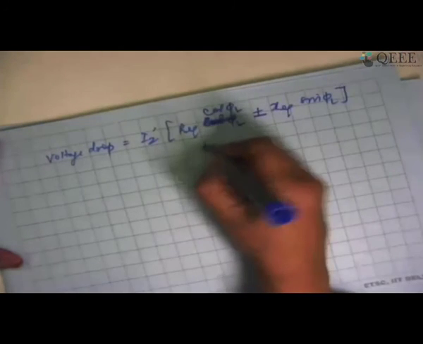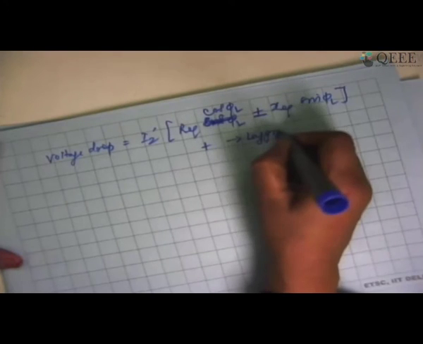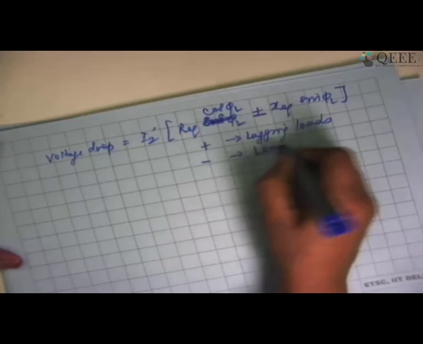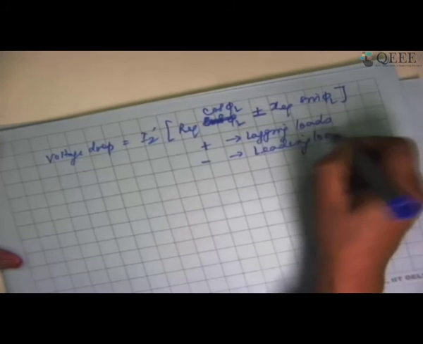So plus sign is for lagging loads and minus sign is for leading loads. This is the voltage drop.